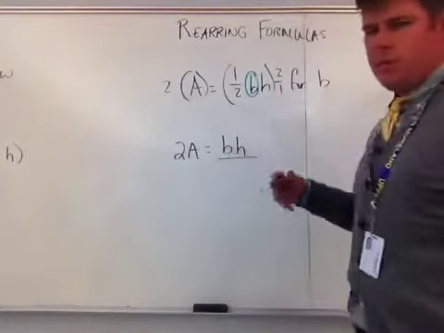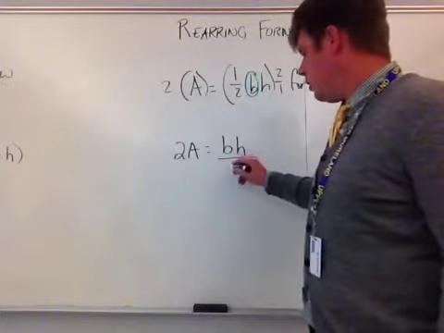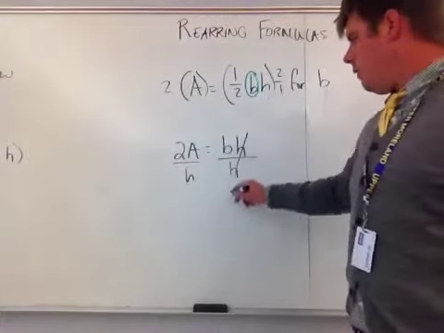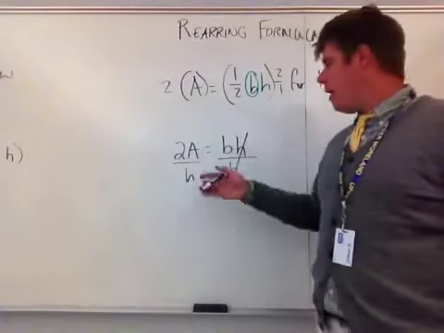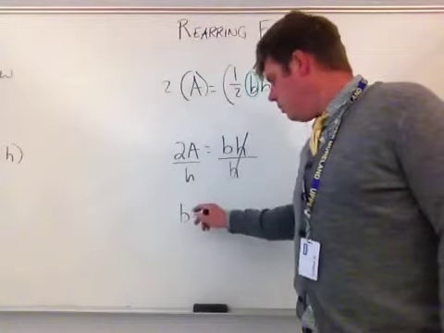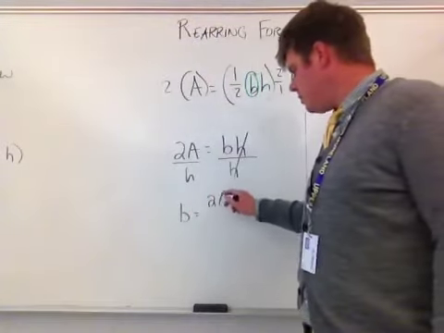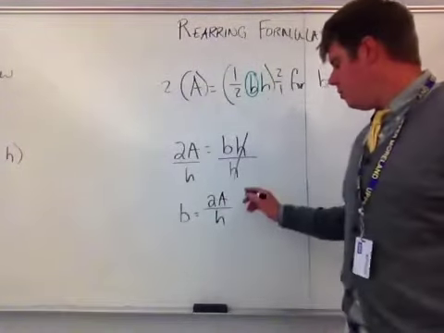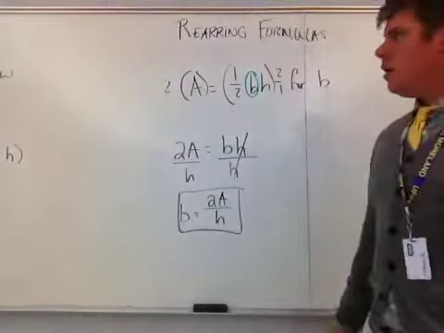So this needs to be broken apart through division. So you divide by H, divide by H. And at this point I'm done. I can't divide 2a by h and get an actual number, so I leave it as b equals 2 times a divided by h. Had I known a and h, I could find the value, but that's how I have to leave it.